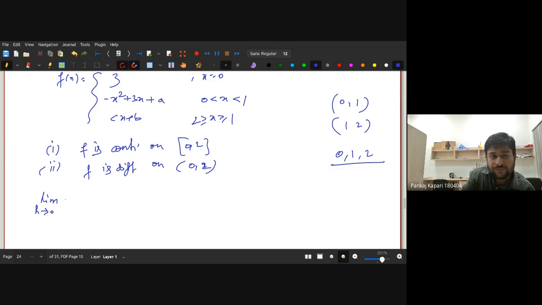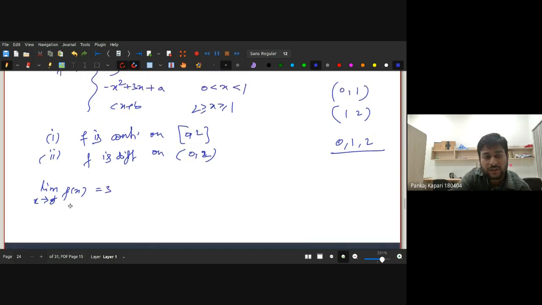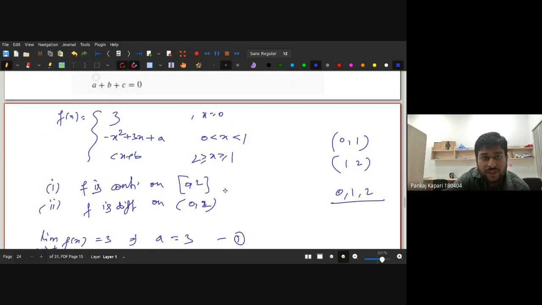So the limit as x goes to 0 plus of f(x) must be 3, right? Because the function is defined only on the right hand side of 0, you can only take the right hand limit. On the right hand side of 0 the function is defined by this quadratic, so if you find the limit, you will get a. That means a must be 3. So this is our first observation, that a is 3.